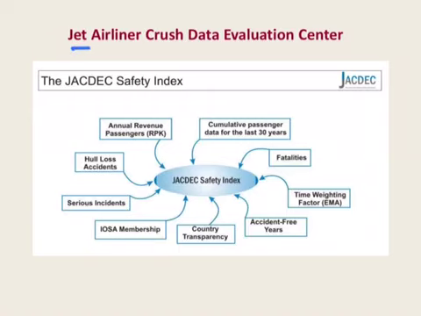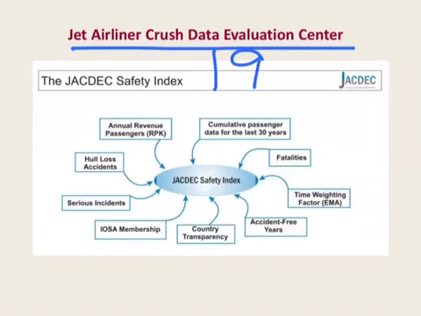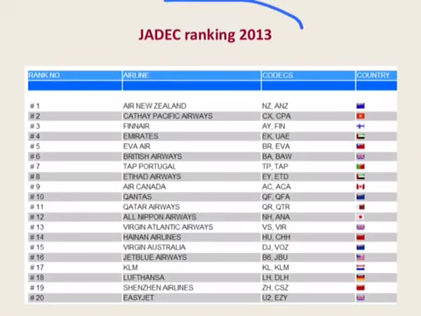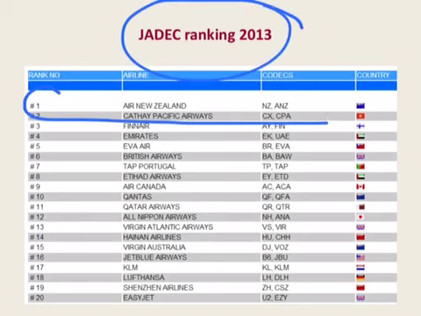The Jet Airliner Crash Data Evaluation Centre was founded in 1989 by two Germans and looks at all the accidents that happen worldwide. They also create a ranking of the safest airlines in the world. If we look at the ranking in 2013, Air New Zealand, for instance, appears as the safest airline in the world.